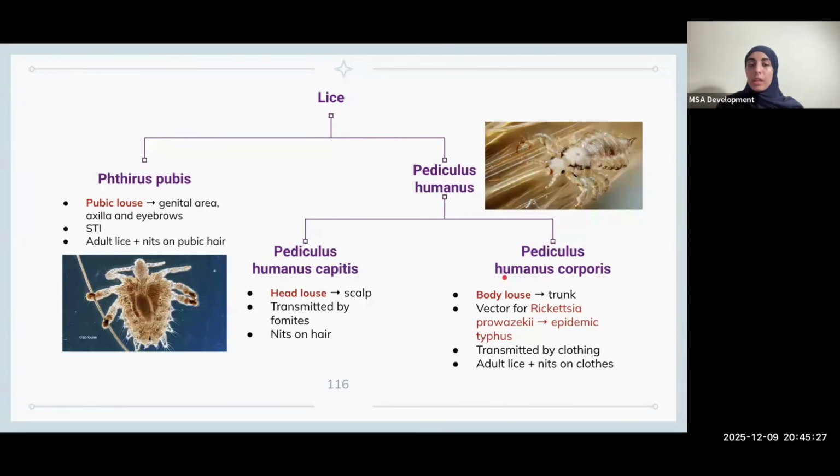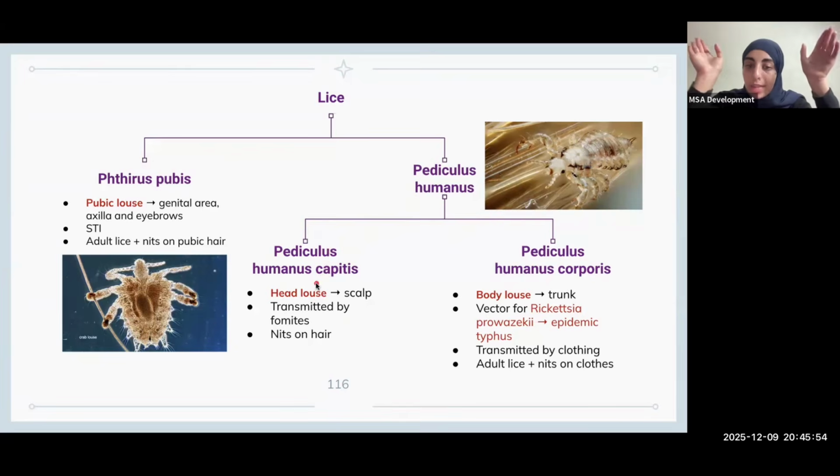Now, the key here is that the one in the head, the capitis, the head louse, is transmitted by fomites, and the other one is also transmitted by fomites or clothing. But the difference is that with capitis, you would see the nits or the eggs of this louse on the hair, okay? So the nits are the eggs, and you see them on the hair.